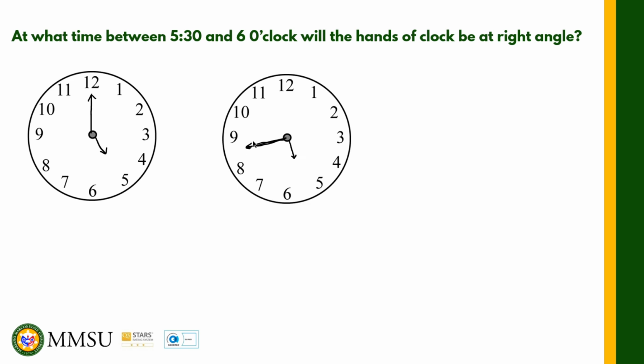And the hands of the clock form a right angle. A right angle meaning 90 degrees. Okay, so this is 90 degrees. Okay, and when the hands of the clock form 90 degrees, so the number of minutes between them is 30 minutes divided by 2, that's 15 minutes, tama?